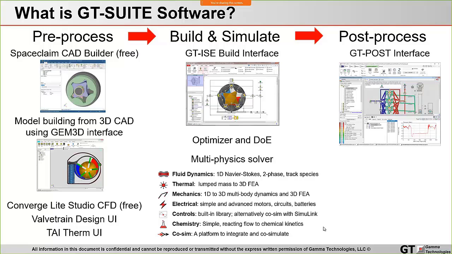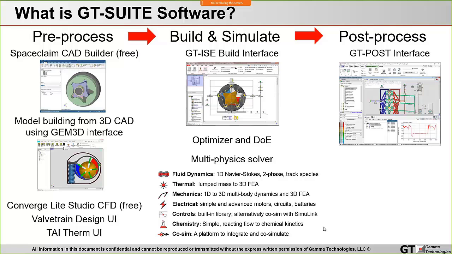And then oftentimes these physical systems need to be controlled in some manner. And so the ability to manipulate and control the plant model in GT is a very important thing to do. And we can do that with either our controls library built in, or another popular option is to directly co-simulate with MathWorks Simulink.